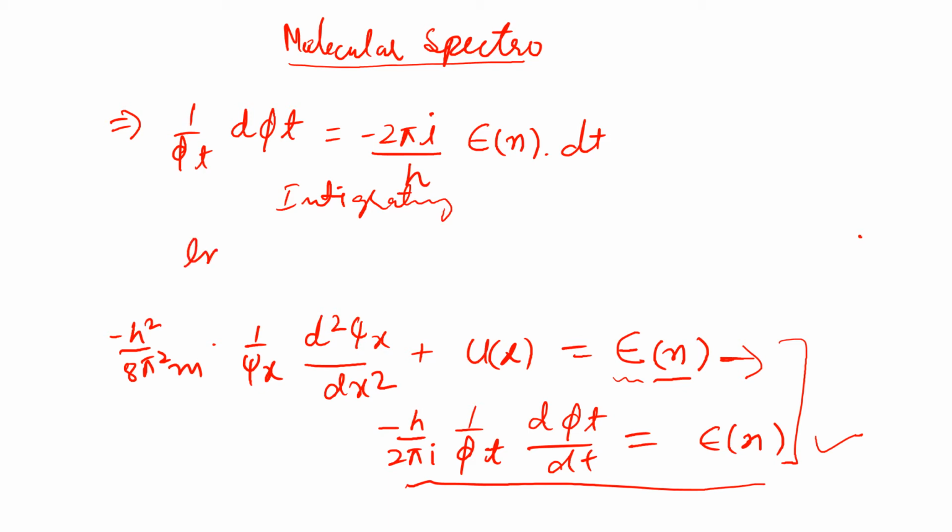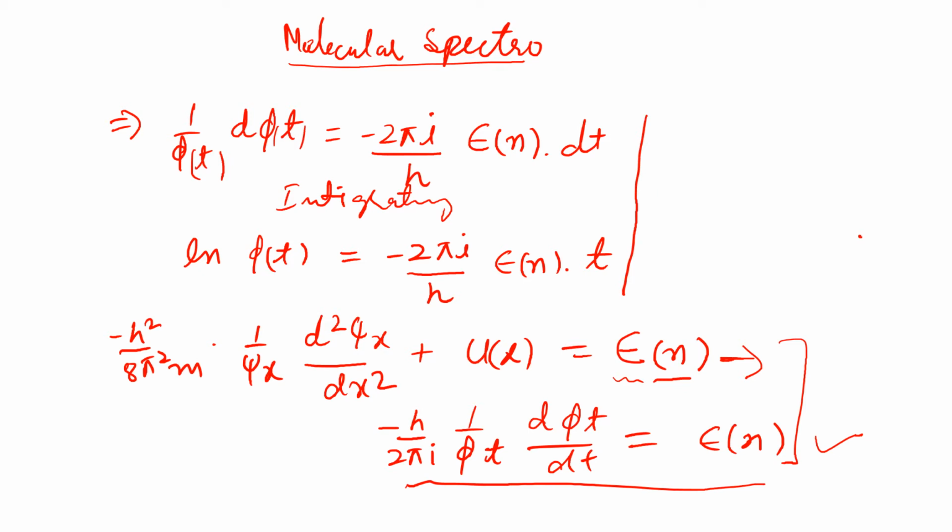We will get log phi t, which is equal to minus 2 pi iota by h into E n into t.